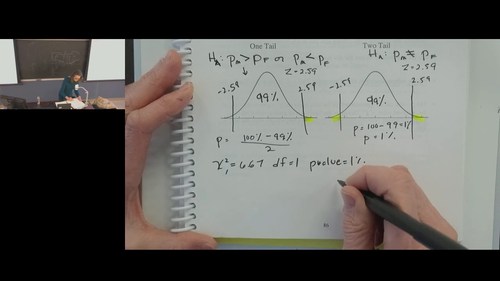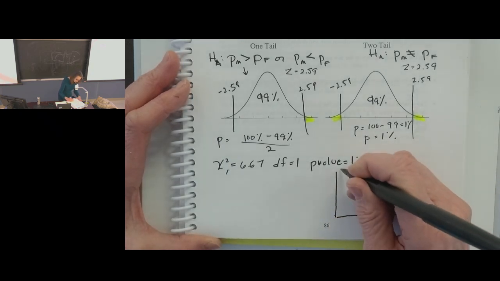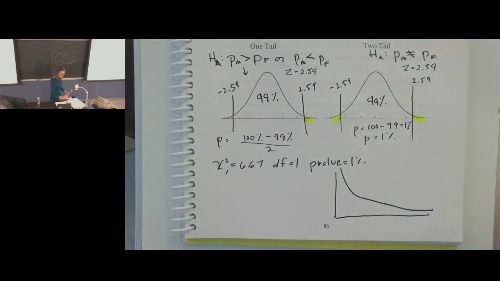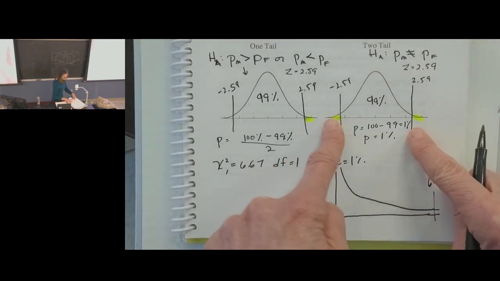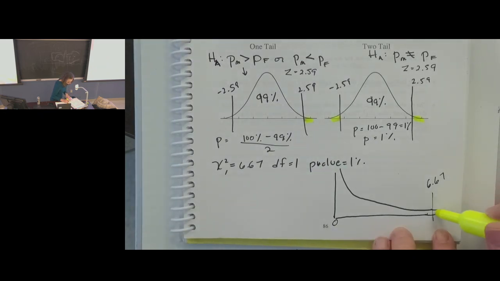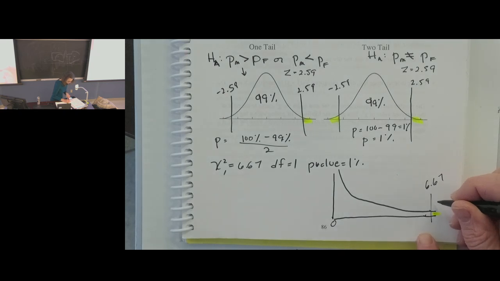Because when we square those z's, if we square 2.59, it's not exact, but you'll get 6.67. We square that, and then both these tails go on this side. So this right here is equivalent. This is our p equal to 1%. It's equivalent to that one.